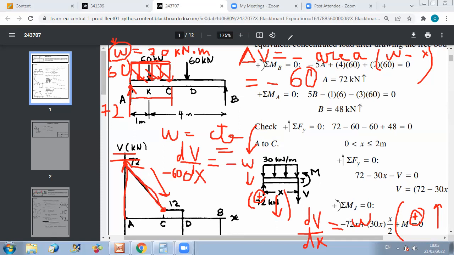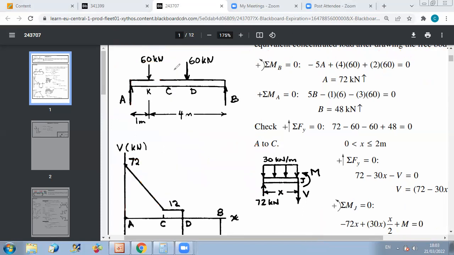Okay? So in summary, you just have to determine 2 points. V at A is equal to the reaction at A, which is plus 72. Now, we just have to know what V at C is.